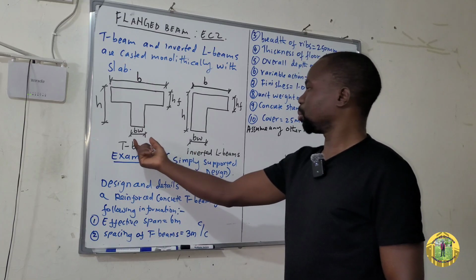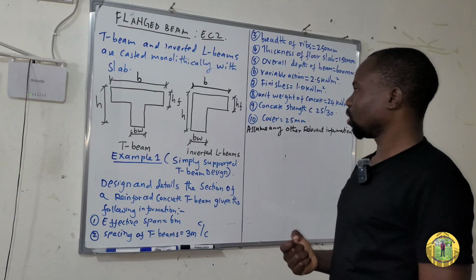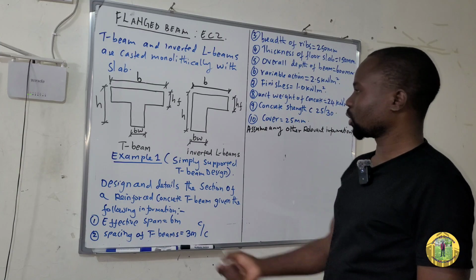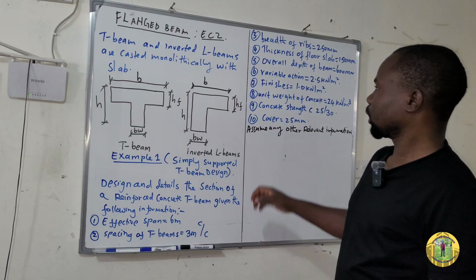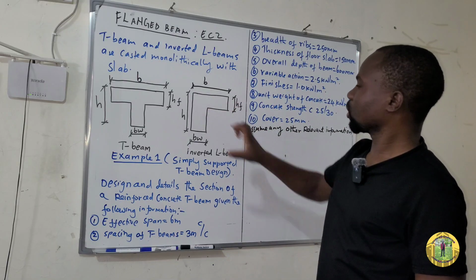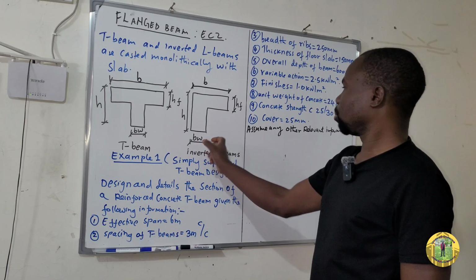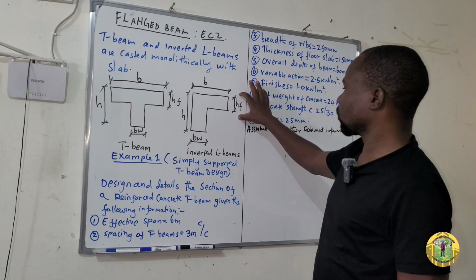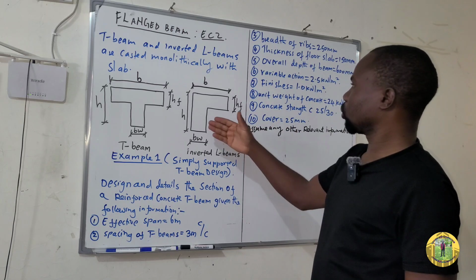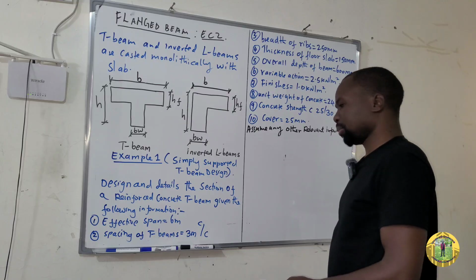So this is the breadth of the web, or the breadth of the beam or the rib, and this one is the overall depth h. The same applies to this one: this is the overall h, the breadth of the beam or web, and this one is the thickness of the slab. So those are the two different types of flanged beam.